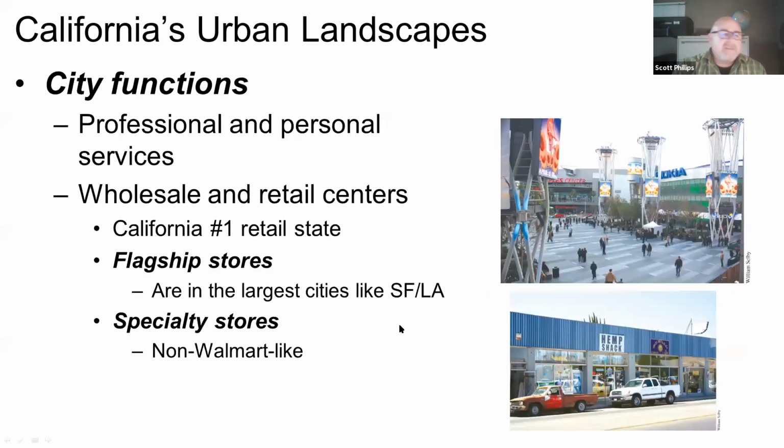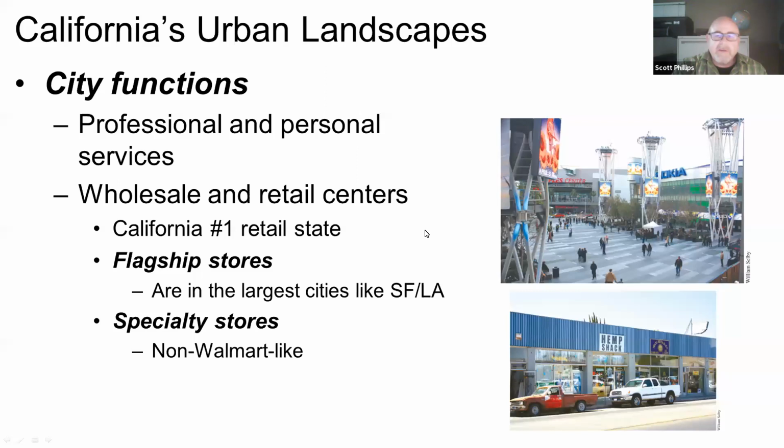So what do cities have? They provide professional and personal services, wholesale and retail centers. California's number one in a lot of things, but also with retail, California's the number one state for retail sales. And we have things like flagship stores in cities. Those are in the largest cities like LA and San Francisco, like the Apple Store or Amazon stores.